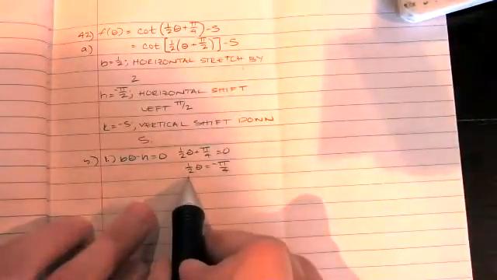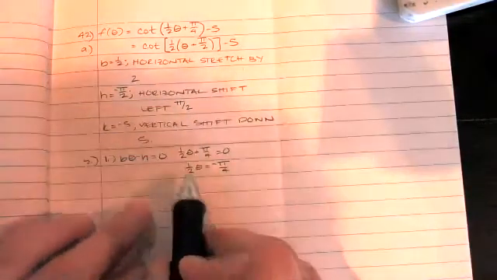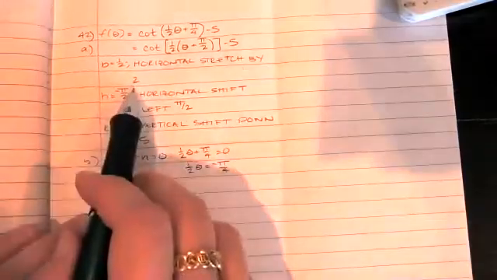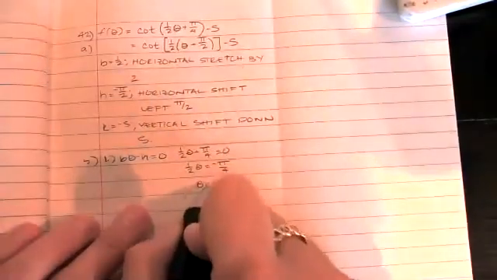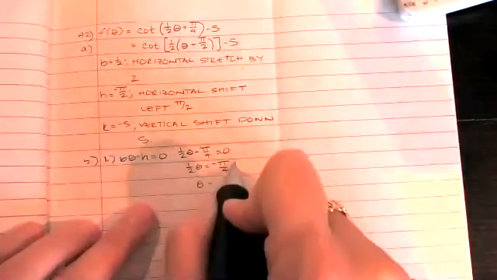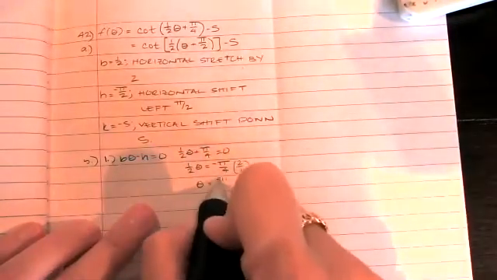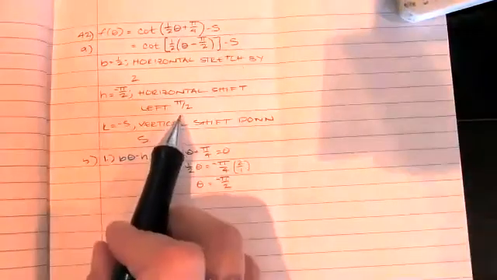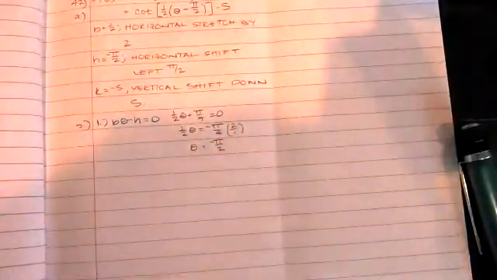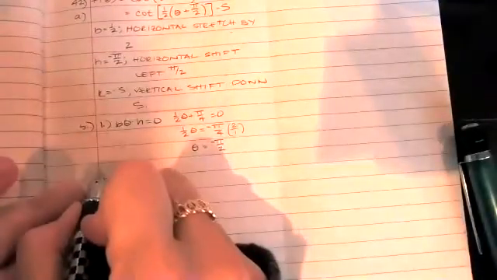And now we have to multiply by the reciprocal of this coefficient, which is why it's the reciprocal here. So we'll have theta equals 2/1 times negative pi over 4, which does give us negative pi over 2, which is what we suggested up here. So that's affirming that we're going the right direction.